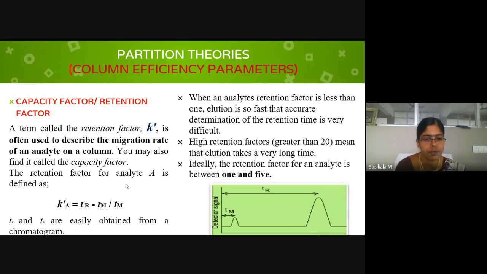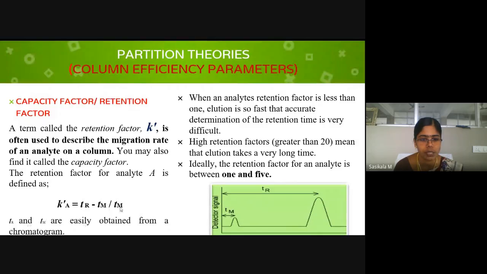The retention factor for a single analyte, considering your analyte as A, can be defined as the retention factor for A equals the difference between retention time and migration time, that is Tr minus Tm, divided by migration time, which will give you the retention factor.